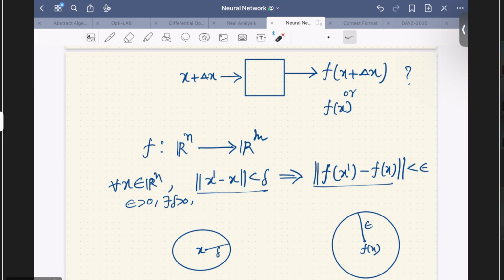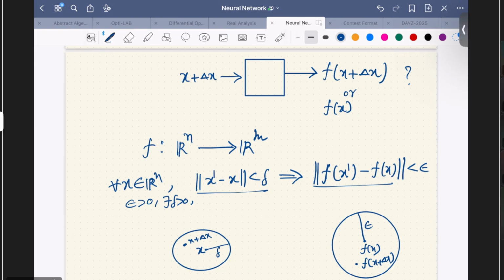No matter how you move within some small delta x distance, if you get x plus delta x, definitely you will get somewhere within this, like f of x plus delta x.